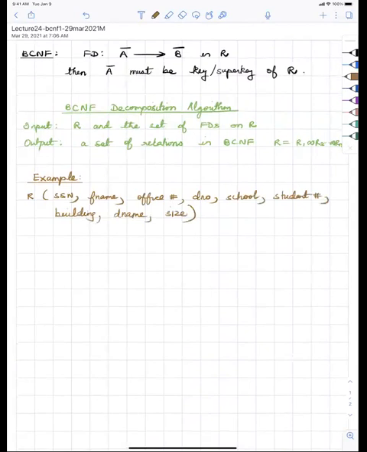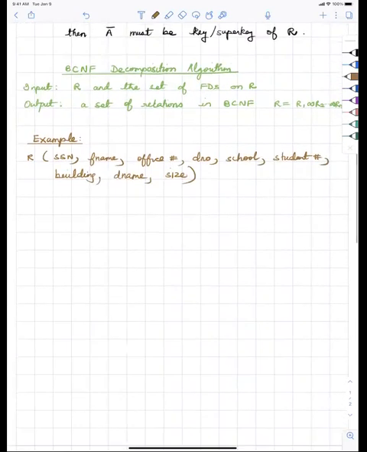And we have the following functional dependencies. On this table, we have FD1, so given the social security number, it determines the first name, the office number, and department number.